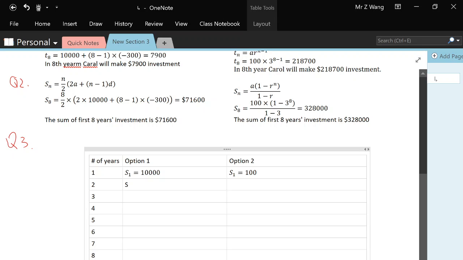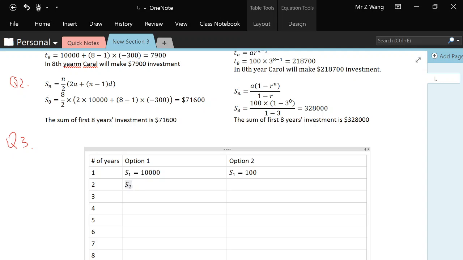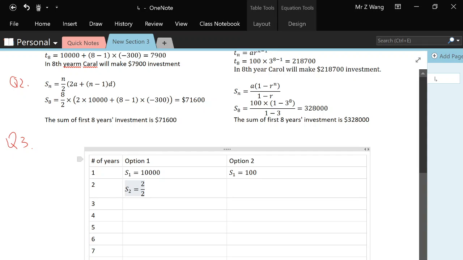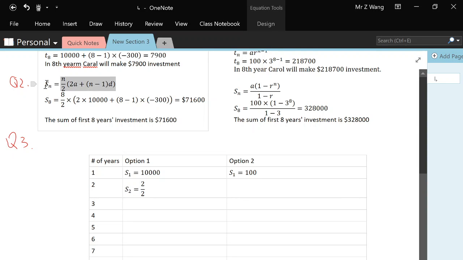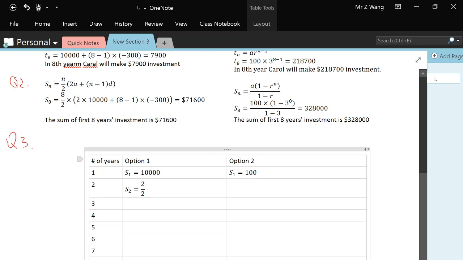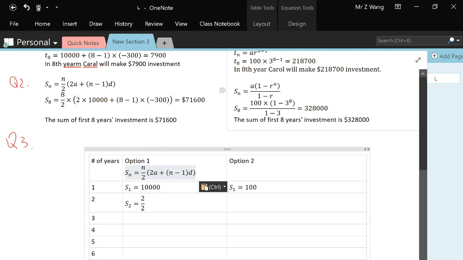Now let's calculate S2. Starting from S2, you can start substituting values. So this is 2 divided by 2. I'm applying this formula here. To make it clear, I'll just write this formula down here.